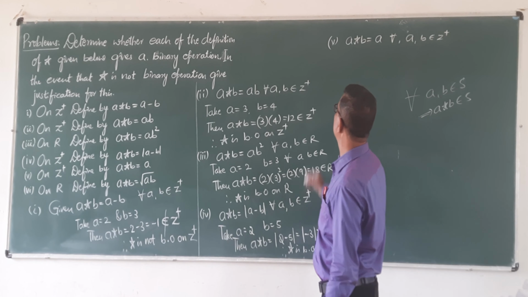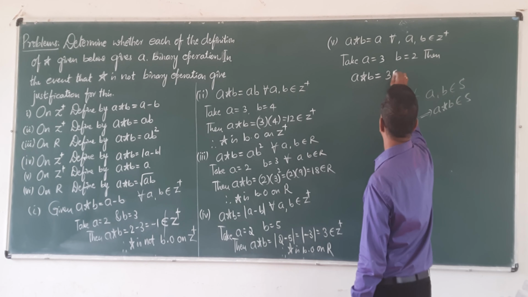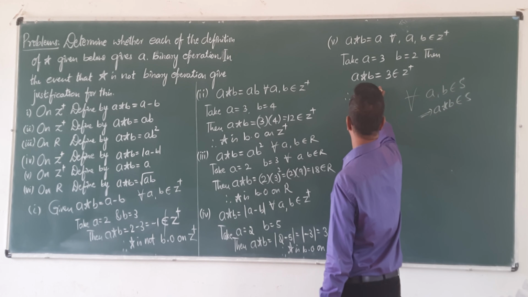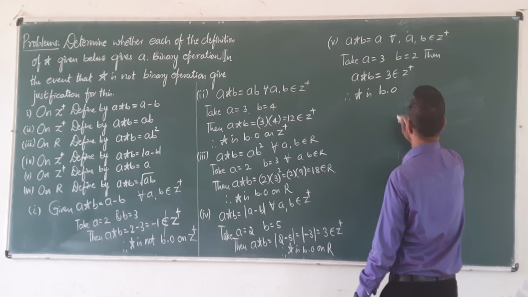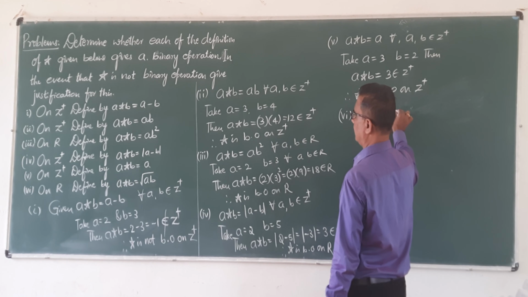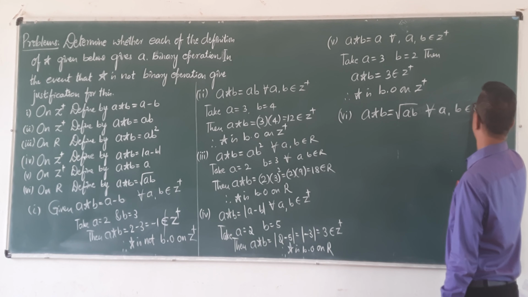Then a star b is equal to a, which is 3, belonging to positive integers. b also belongs to positive integers, therefore star is a binary operation on the set of positive integers. Whereas the sixth one, on the set of real numbers R, star is defined by a star b is equal to square root of ab for all a and b belonging to real numbers.